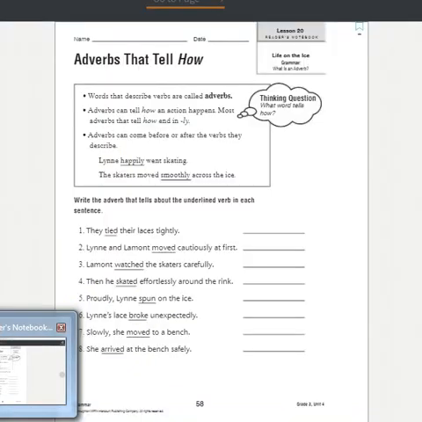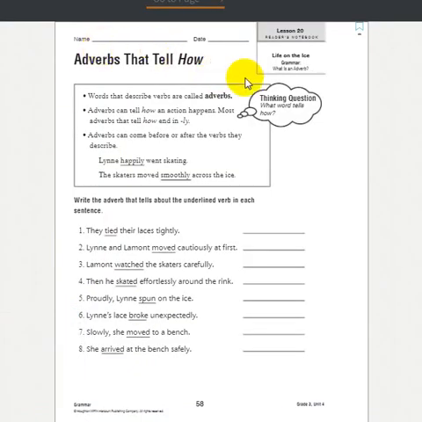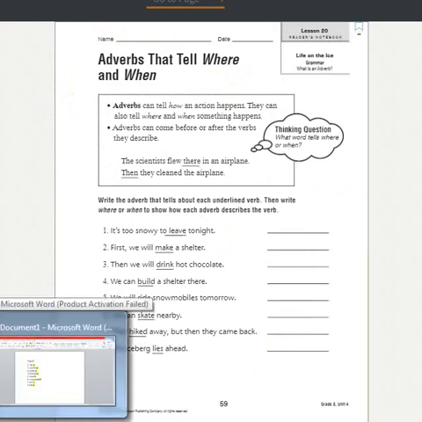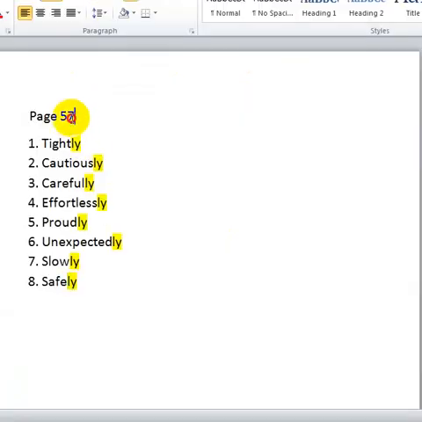But here we were talking about adverbs that tell how an action happens, okay? Let's move on. Okay, let's move on to page 59. So that was page 58 before. Now let's move on to page 59.